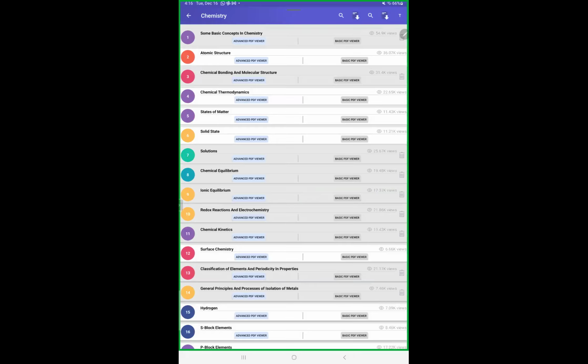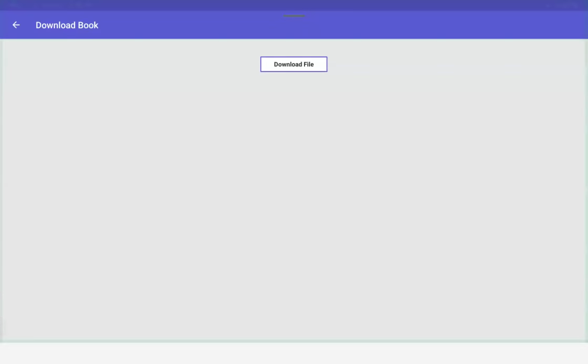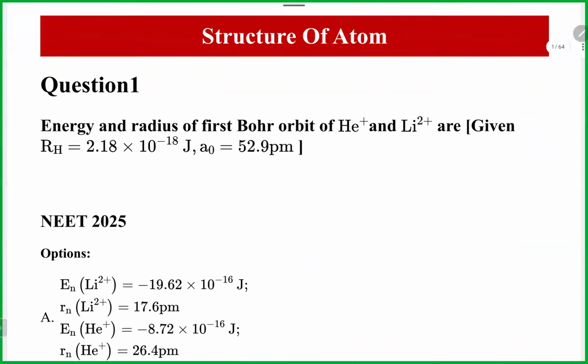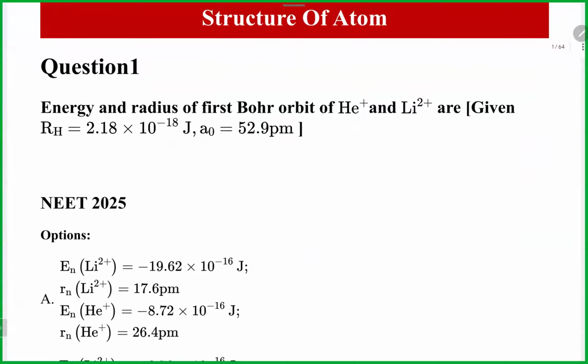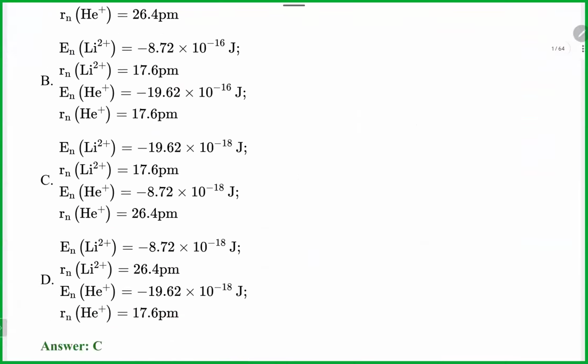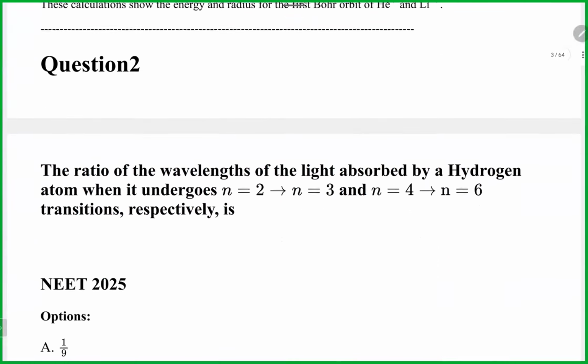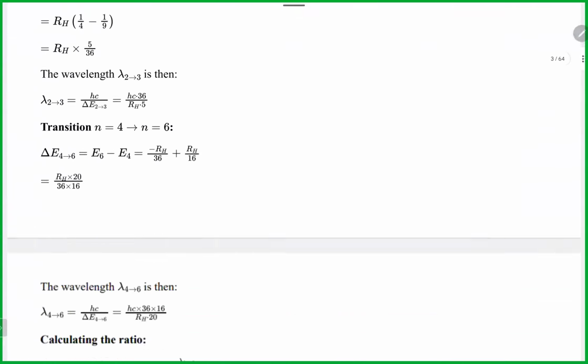Most of you have attempted this paper of NEET and see chemistry, atomic structure. See, the first question is from energy and radius of the first Bohr model. We have a question from the principal quantum number, and a second question. Oh, you had 3 questions, I guess.